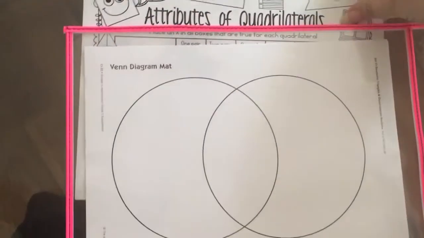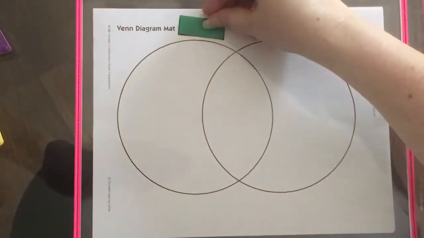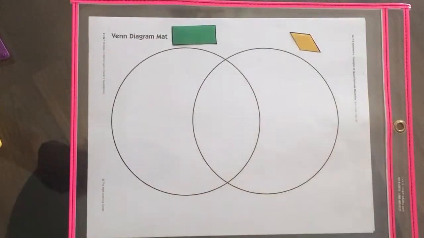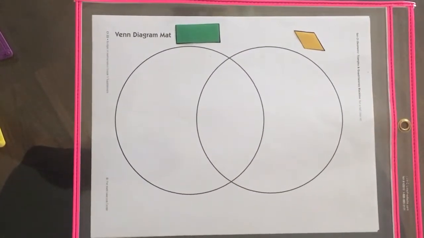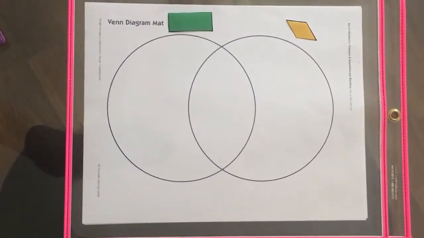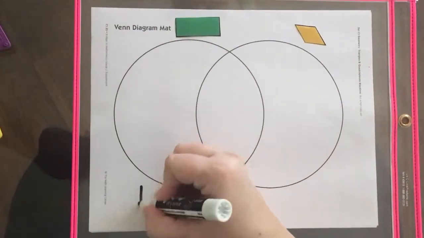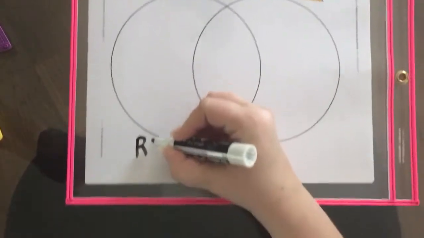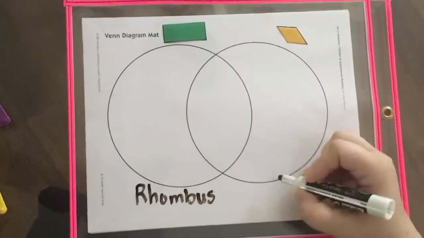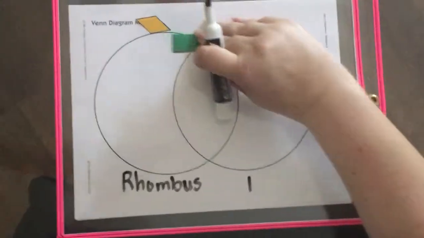We're going to compare a rectangle and a rhombus. We're also going to contrast, so we'll look at the differences as well as the similarities. If we label the left side rhombus, and the right side rectangle, just switch my shapes around.